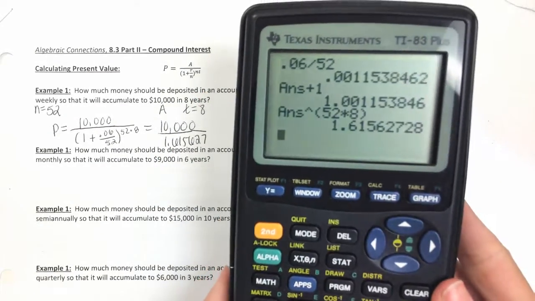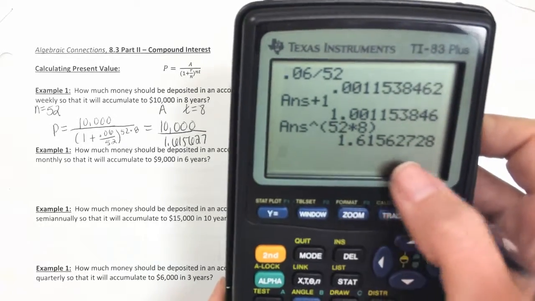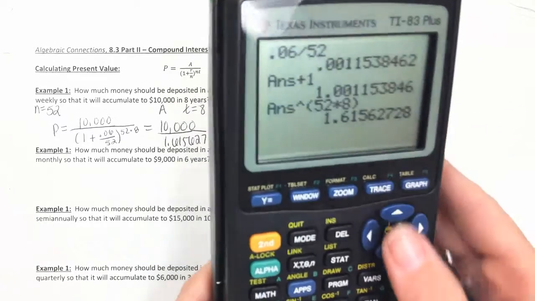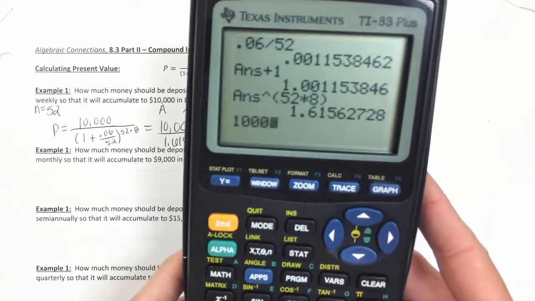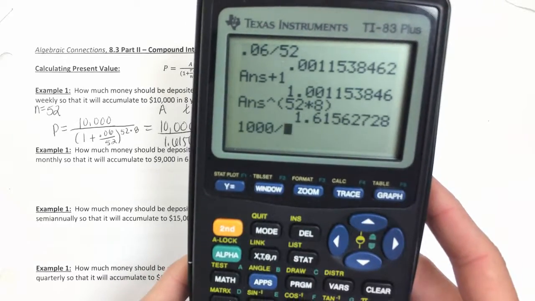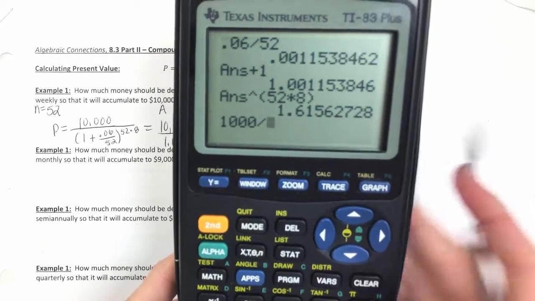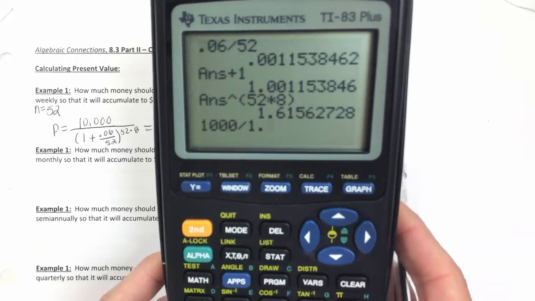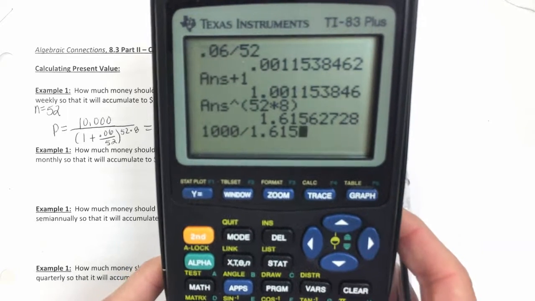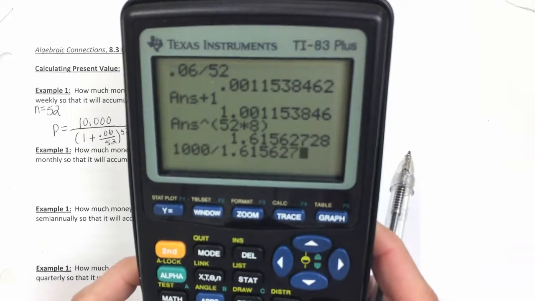Alright, you can see that the denominator that I've written is right here in my calculator. And now from here, all you have to do is type in 10,000 and divide it by that number right here. So divided by 1.61562728.